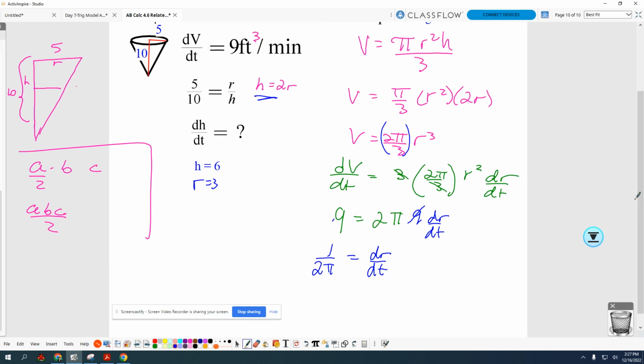Looking at all, there's now a lot of work on here. Do I have anything that relates the radius to the height? You mean this thing? What is the derivative of this little equation with respect to time?